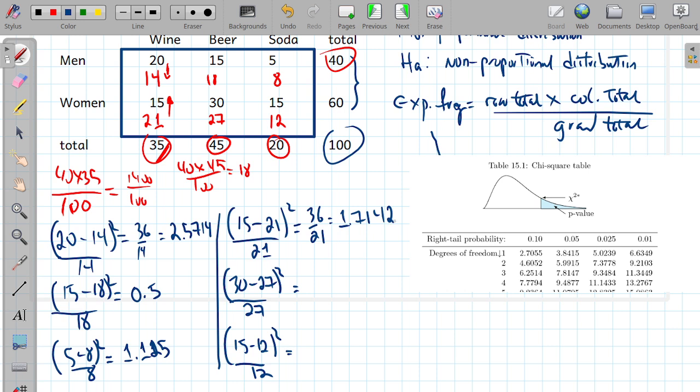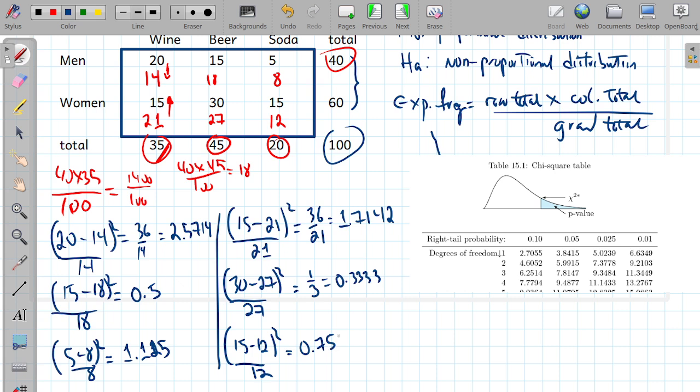There we go. Here we have 9 over 27. That's a third. That's easy enough. That's just 0.33. And here the difference is 3. 3 squared is 9. 9 over 12 is 0.75.